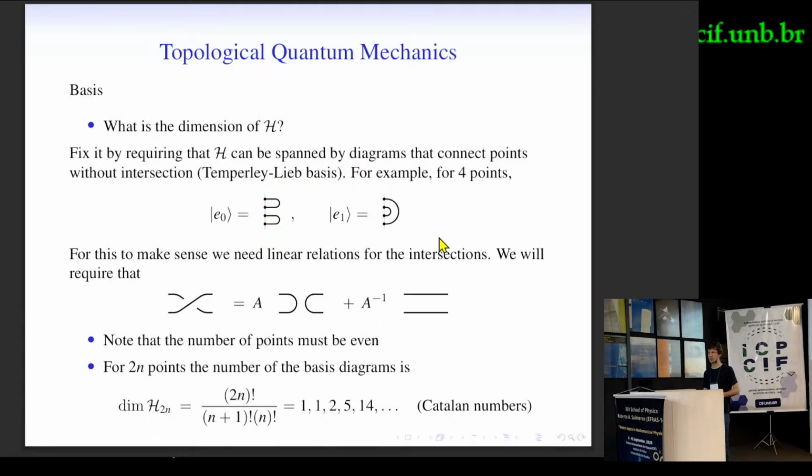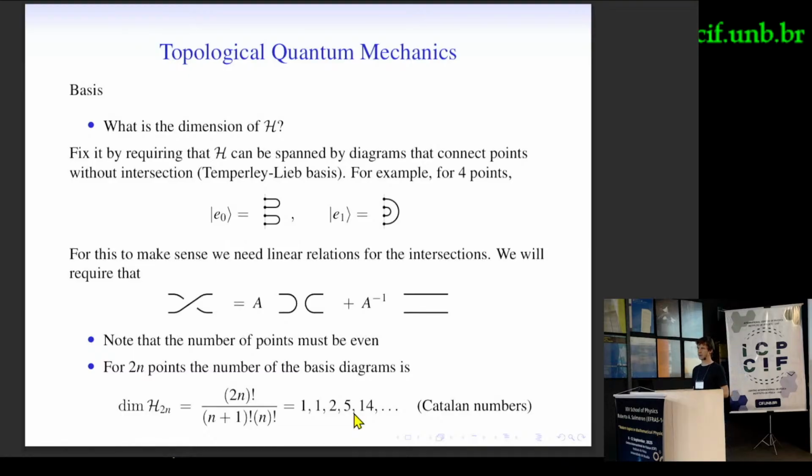So that's also the dimension of the Temperley-Lieb algebra. If n is 0, no points, you have a one-dimensional Hilbert space. If n is 2, you have two points, and a one-dimensional Hilbert space. If you have 4 points, you have a two-dimensional Hilbert space. For 6 points, you have 5, for 8, 14, and so on.